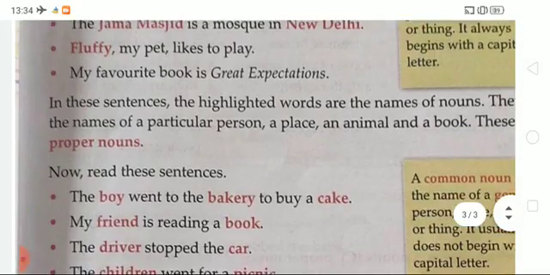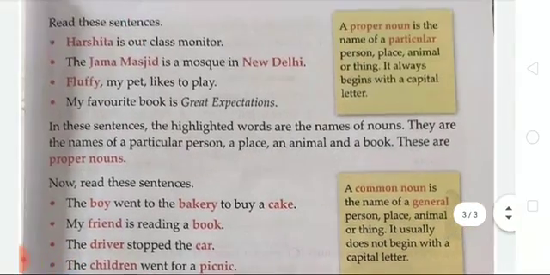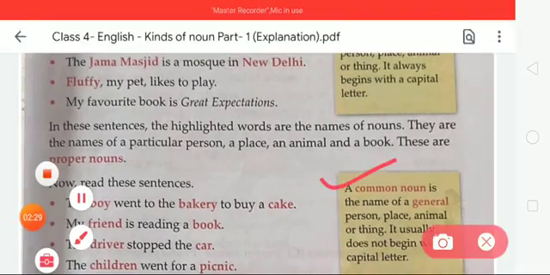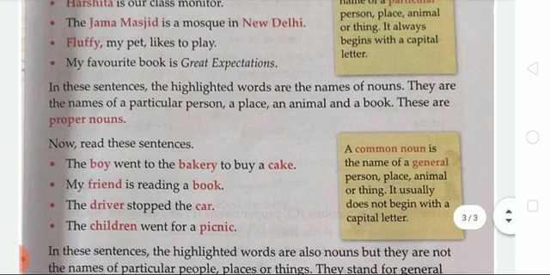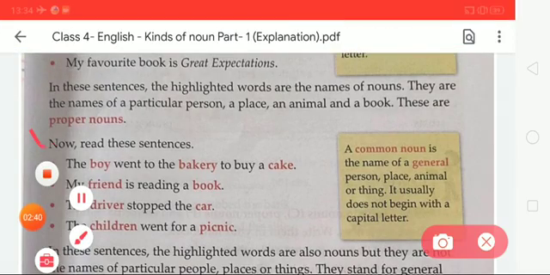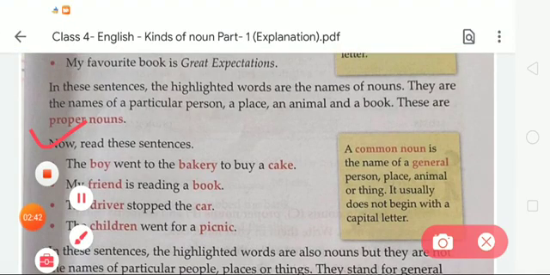Okay, students. Now the next noun is the common noun. A common noun is the name of a general person, place, animal or thing. It usually does not begin with a capital letter. Now read these sentences. The boy went to the bakery to buy a cake.